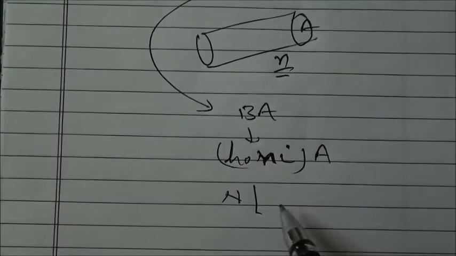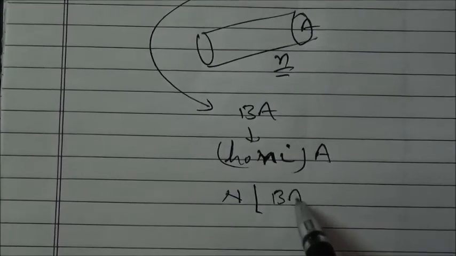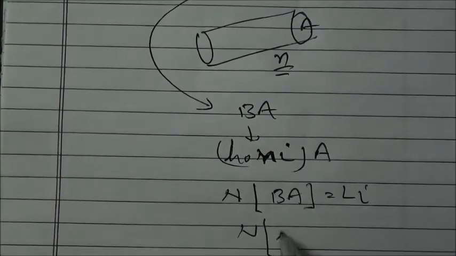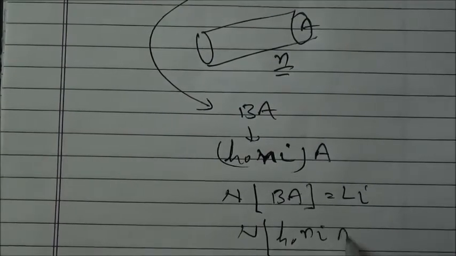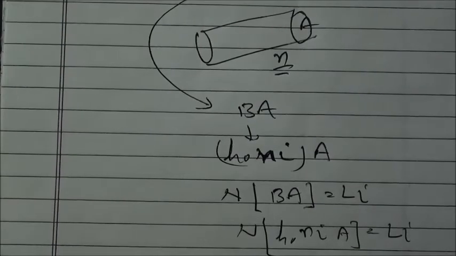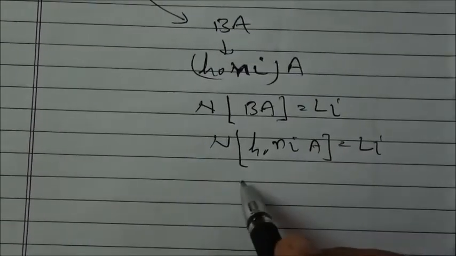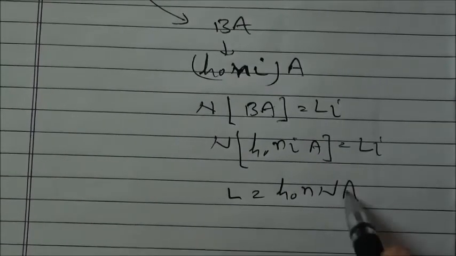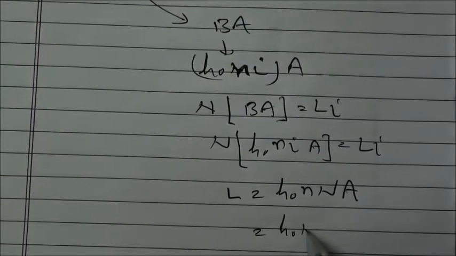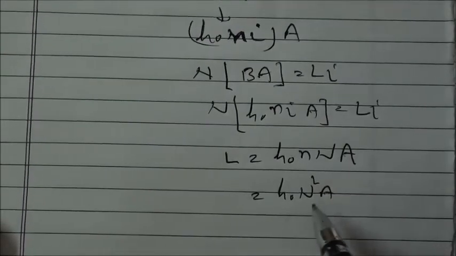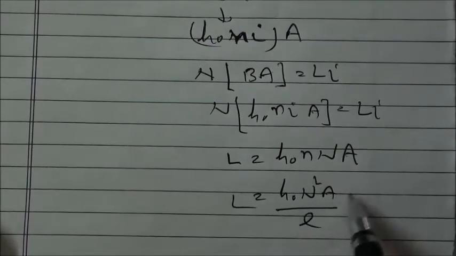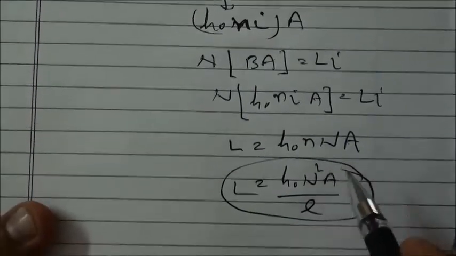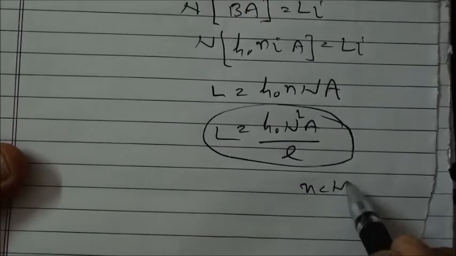N φ is BA, and B is μ0 n i. A is equal to Li. So what is L? It is μ0 n A, or μ0 N² A by l, where I have taken this n as number of turns per unit length, so I have just substituted this.